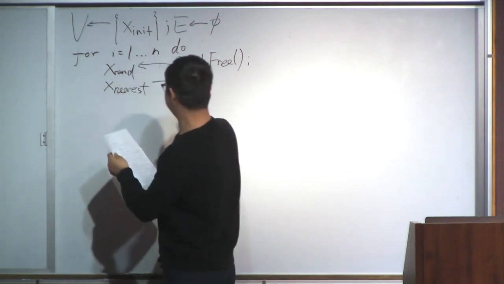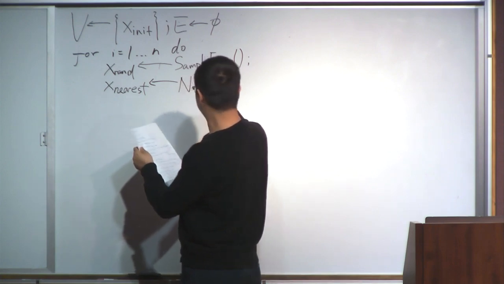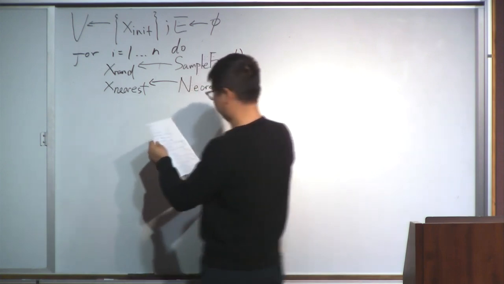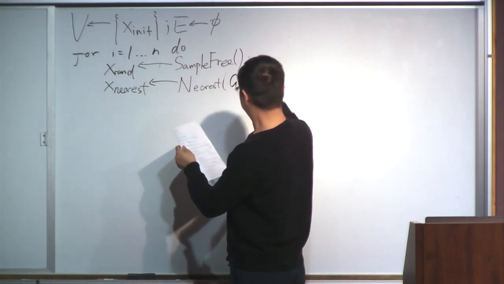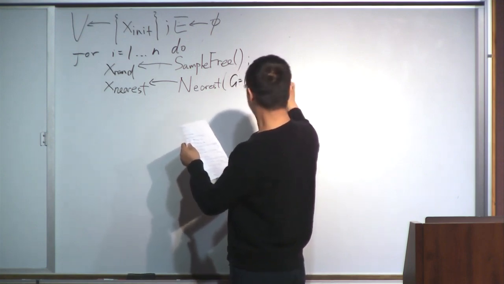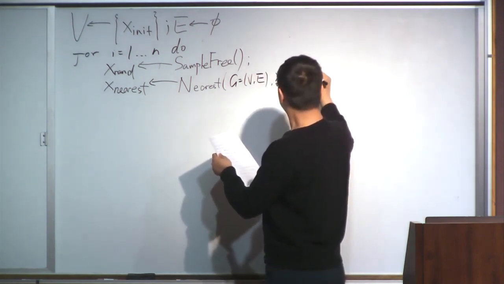So we also find the nearest neighbor: Nearest(G = (V, E), x rand).